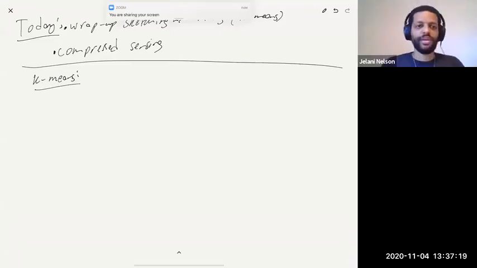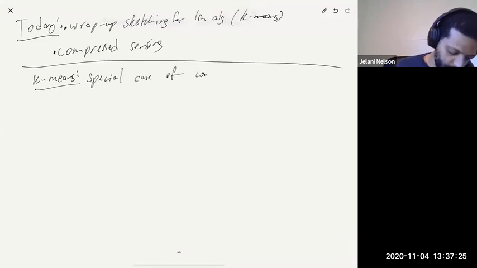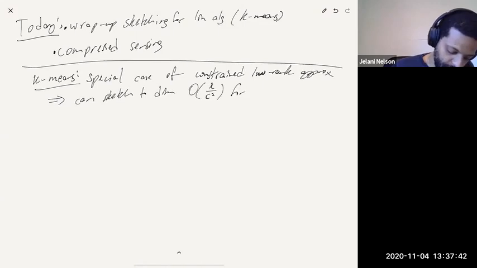Okay, good. So we saw that this is a special case of constrained low rank approximation, which implies you can sketch to dimension O of k over epsilon squared for sketch and solve, just using a PCP sketch.